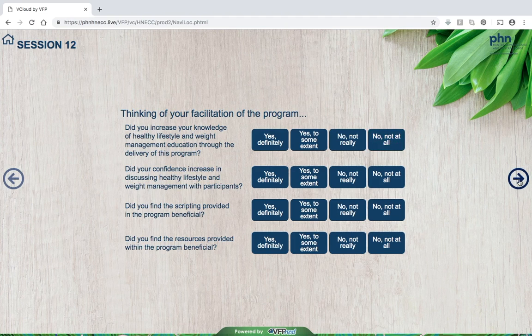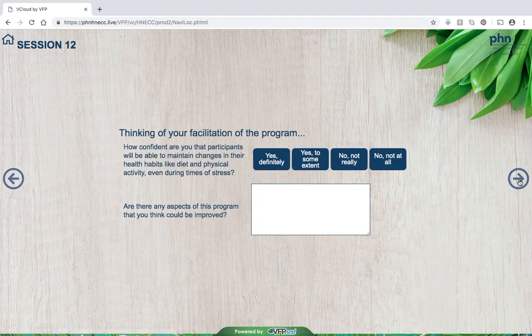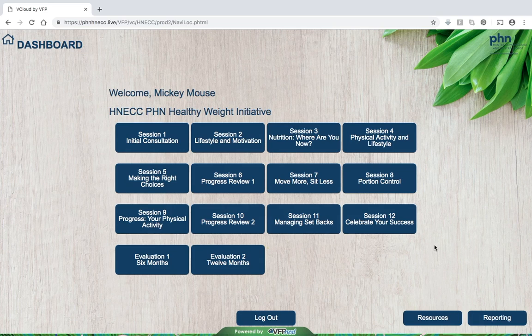And then we just click on the answers that apply. And we have a box here where we can add some extra notes if need be. So that completes the end of our 12-week program.